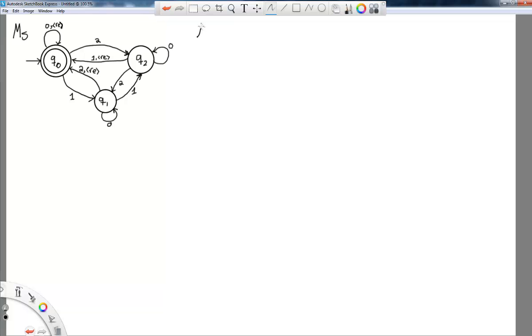So this M sub 5 is going to be a 5-tuple Q, sigma, delta, q sub 0, and F. Where Q is made of 3 states, so it's a set of q sub 0, q sub 1, and q sub 2.